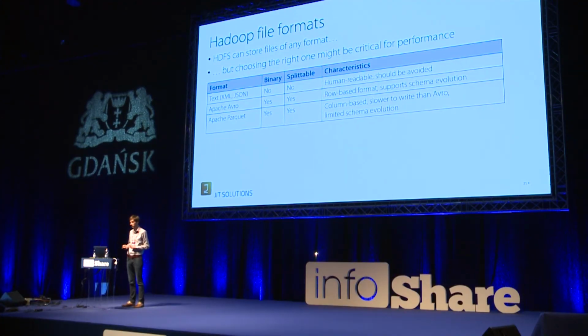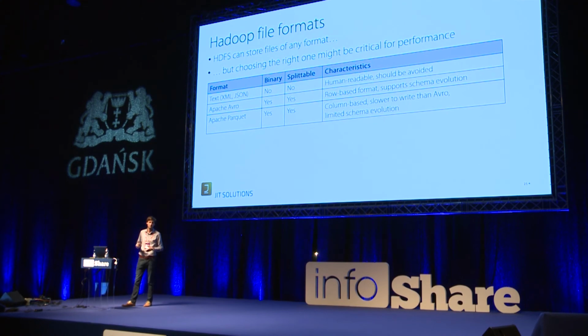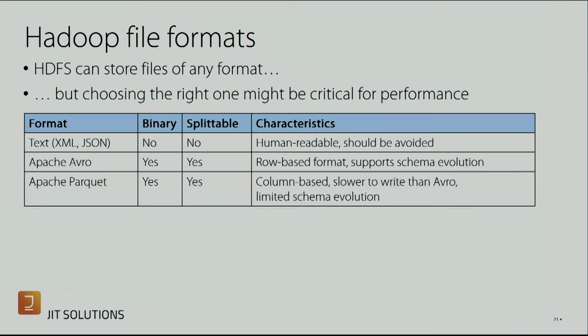When it comes to Apache Avro, it's actually the best multi-purpose storage format within Hadoop, and it's a really good starting point. It's a binary format which has a JSON schema and also supports schema evolution, which means that, let's say you have a certain format of your data which you're importing from a database to Hadoop, and it can change over time.